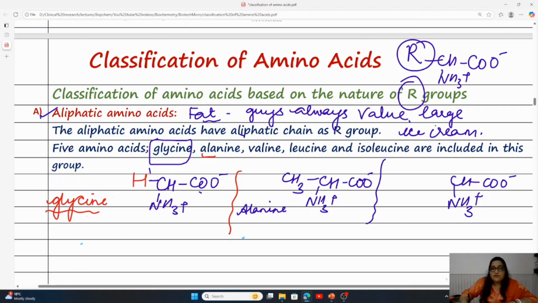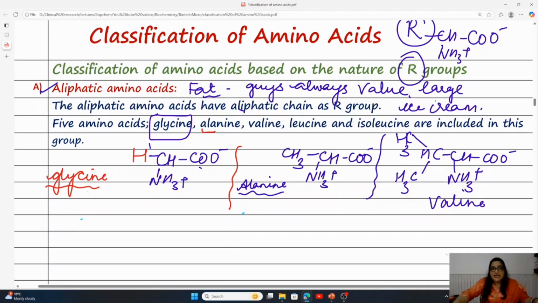Now instead of one alkyl group, we will be adding this CH and CH3 and CH3. So see the structures, we are just adding alkyl groups to the side chain. This is what is making the difference in the structures, okay? So here we go with glycine, alanine, and another one is valine.